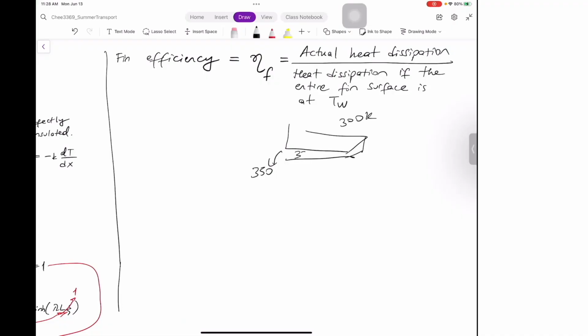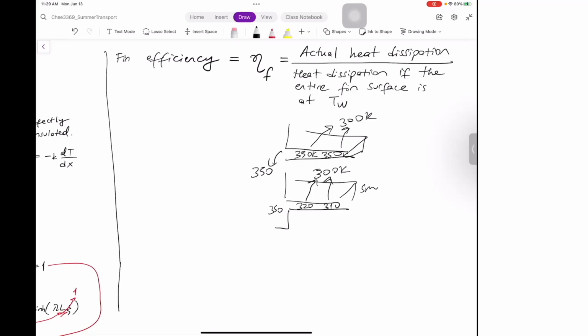If it were 350 Kelvin everywhere, as opposed to having smaller temperatures, 350 here, and then 320, and then 310, then the temperature difference between the air and the fin would be smaller in this case, as opposed to this 50 Kelvin difference.